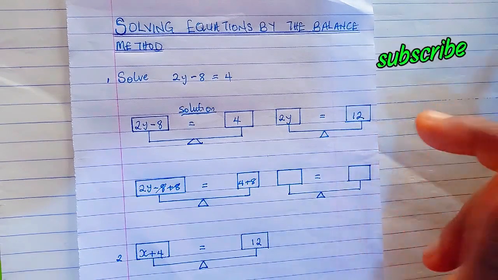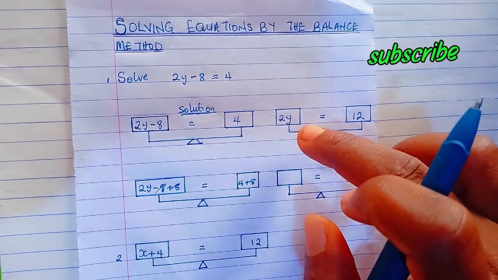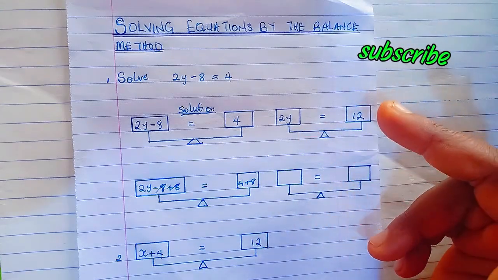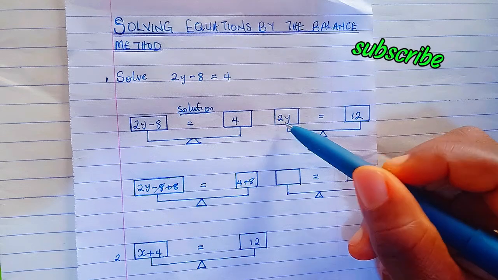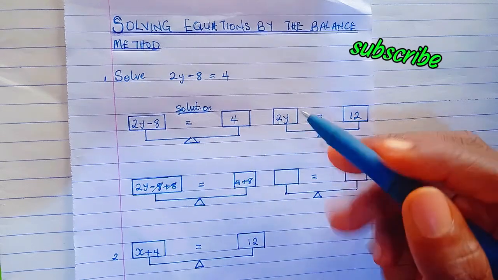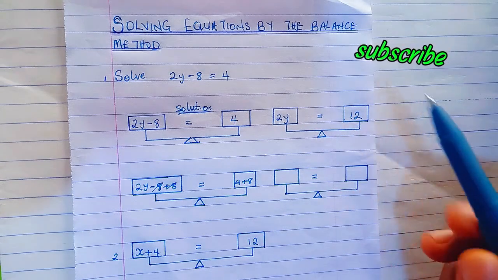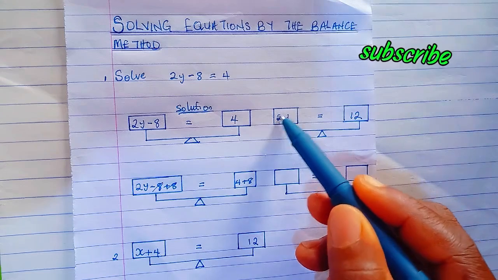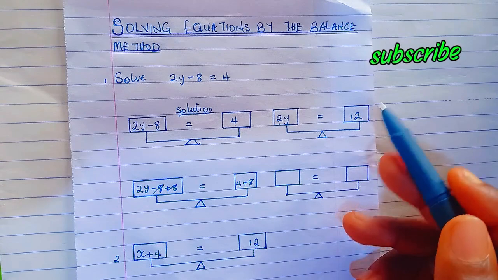All right, so what we are going to do here, remember we are looking for the value of y and not 2y. So for us to cancel out this 2 in front of y, we are going to divide both sides by 2. That means we are going to divide 2y by 2 and divide 12 by 2.